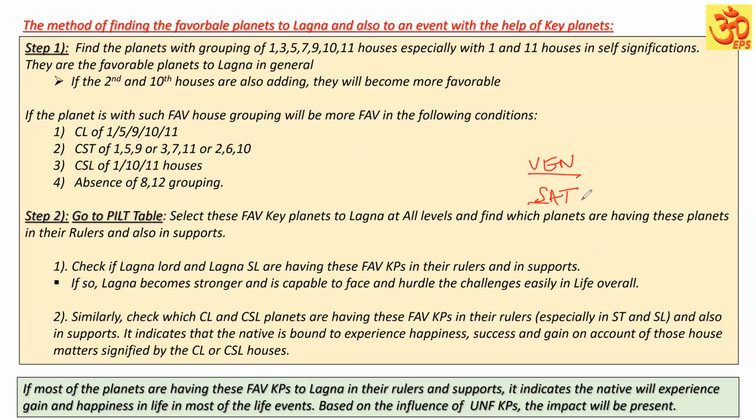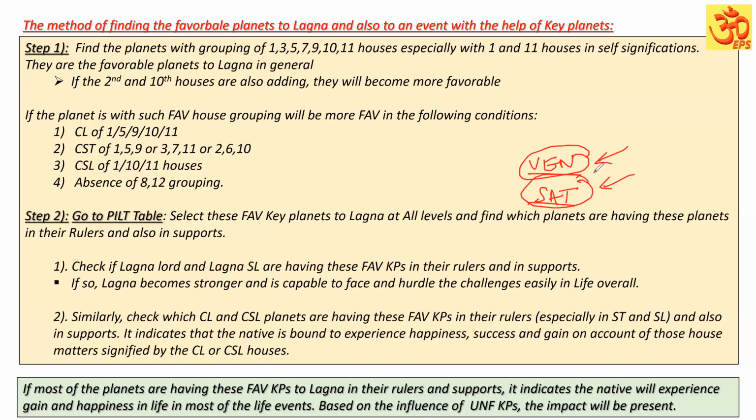Suppose you check all the 9 planets, and all the 9 planets are having this. Venus is one of the rulers, or Saturn is one of the rulers, and also if those planets are in support for the other rulers, it means each planet is under the influence of these favorable key planets to the Lagna. So somehow all the planets will give benefits to the Lagna. Based on their levels, based on the other unfavorable key planets, that impact will vary.